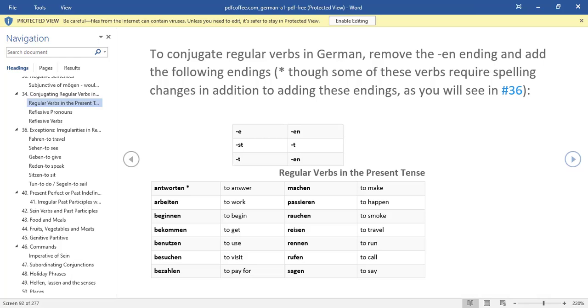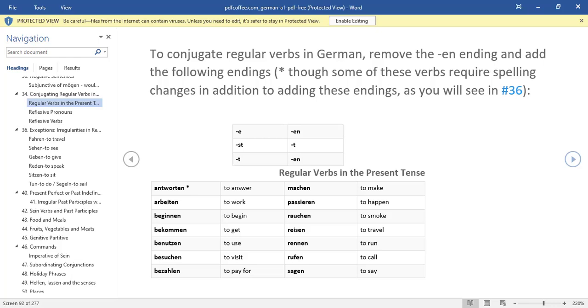Beginnen, to begin. Ich beginne, du beginnst. Er, sie, es beginnt. Wir beginnen, ihr beginnt. Sie beginnen. Bekommen, to get. Ich bekomme, du bekommst. Er, sie, es bekommt. Wir bekommen, ihr bekommt.